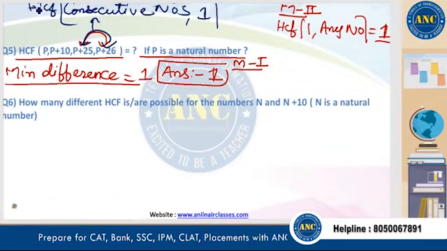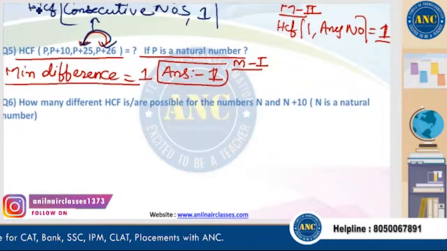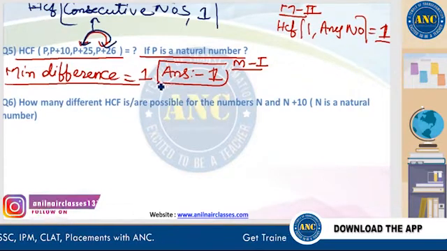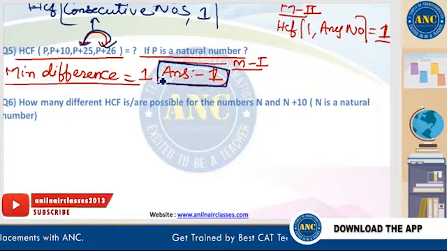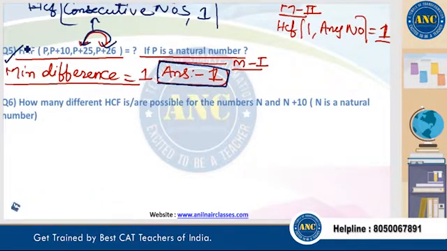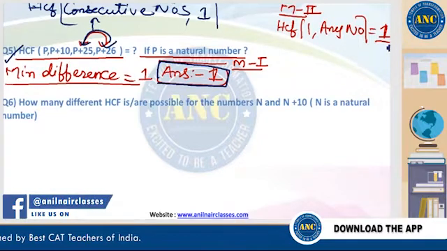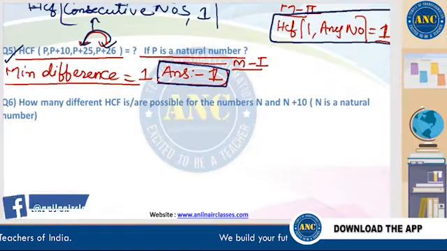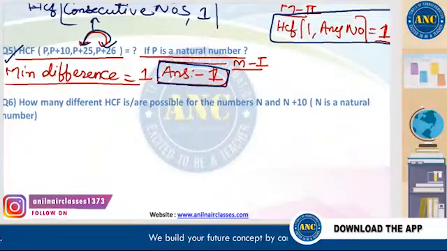Consecutive numbers' HCF is 1. So the answer is 1. HCF of 1 with any natural number is 1.